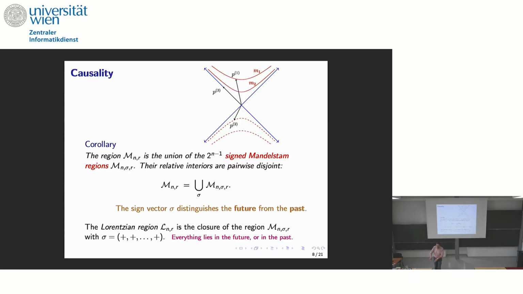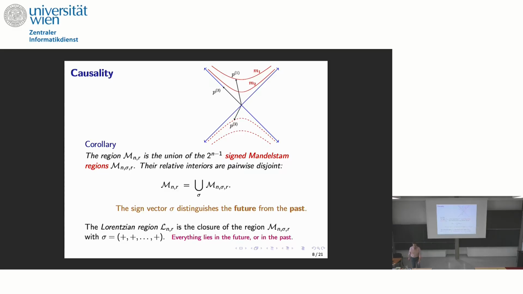We want to forget about them. And this is the stratification. Linearly many. Now, the Lorentzian region is the closure of this all plus region. If sigma is plus, plus, plus, plus, plus, then it's the Lorentzian region. That means everybody is either in the future or everybody is in the past. That's the Lorentzian quadratic forms.